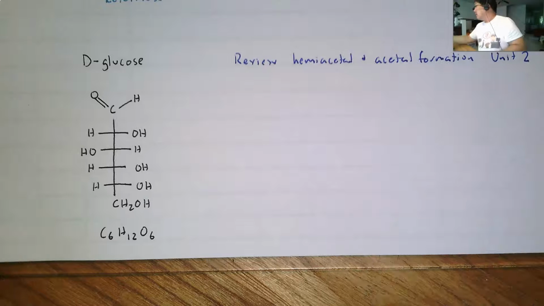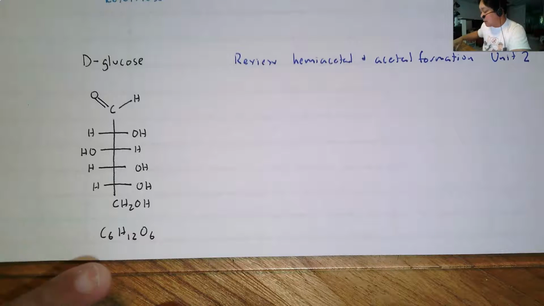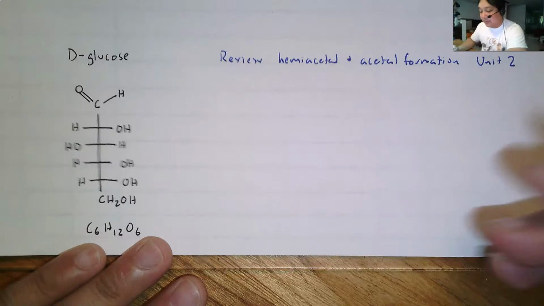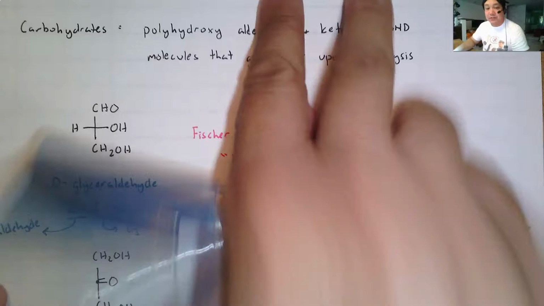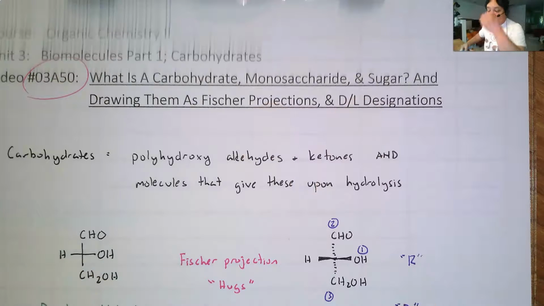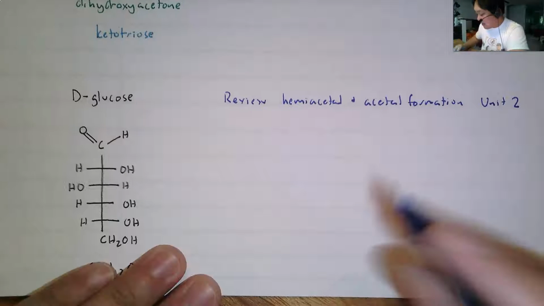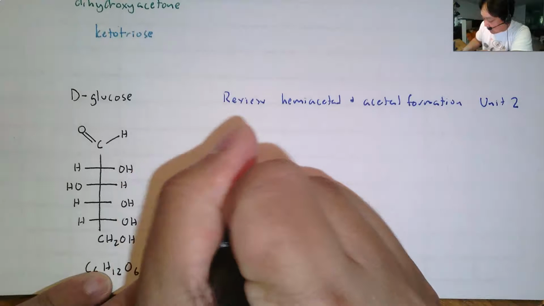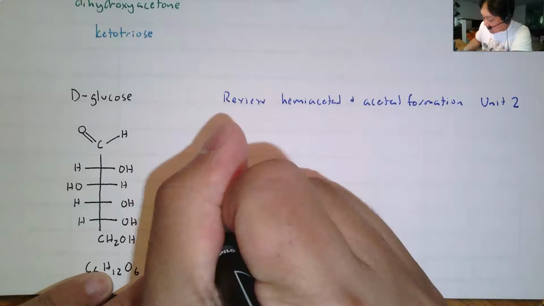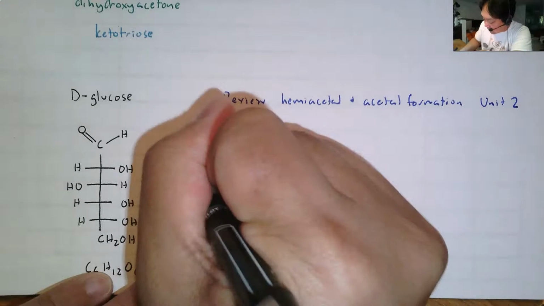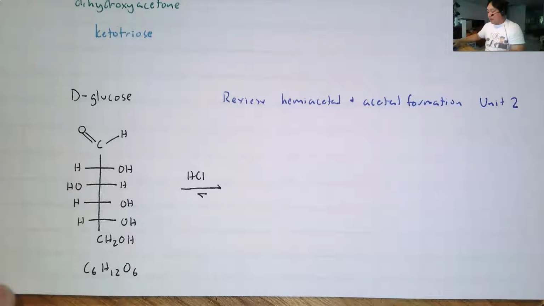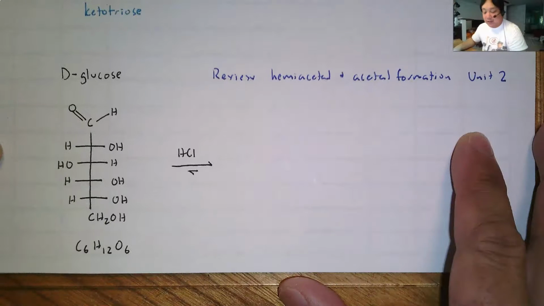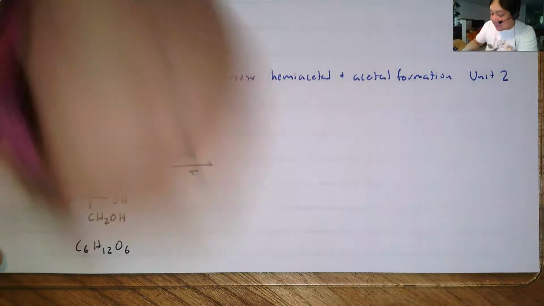Okay. Let me just make sure I'm not missing anything. I'm not going to show you how or why this happens because I do still have a couple more definitions to discuss and a couple introductory things to discuss. But when you have this in water, and it will go faster with acidic water, so let's use HCl, you're going to get a cyclization because I'm going to consider this as acyclic glucose.